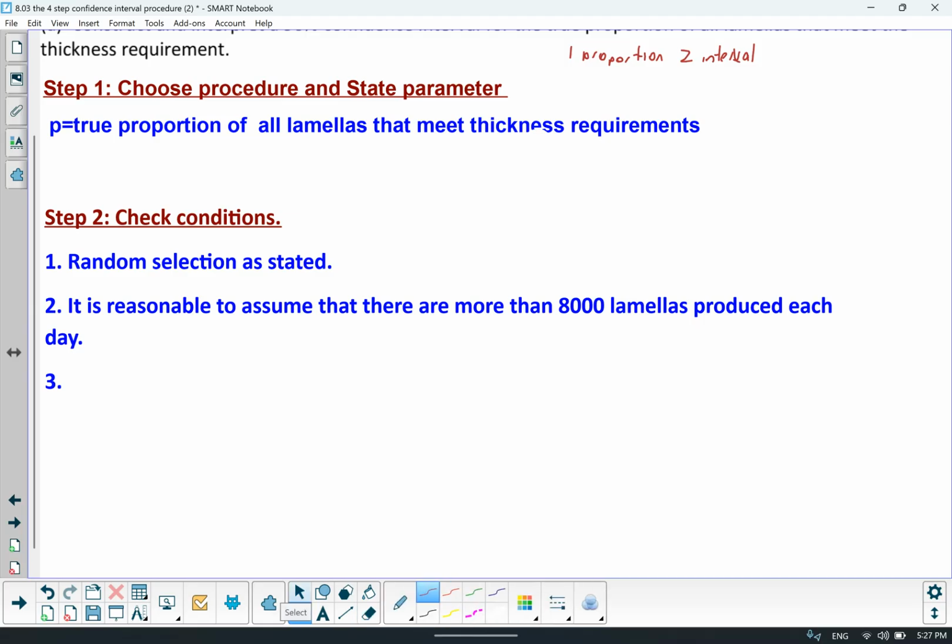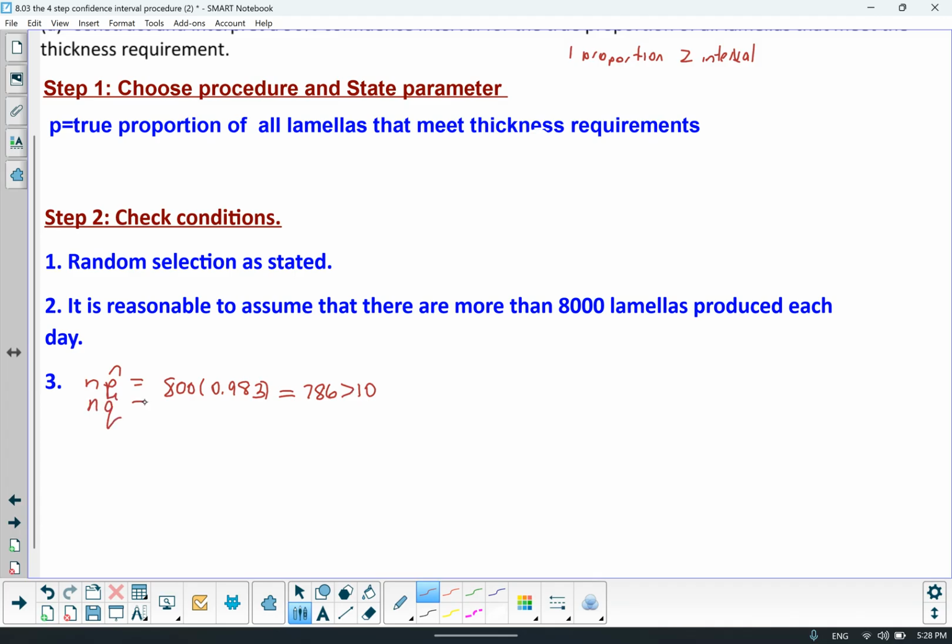The next part is the large count condition. You use the large count condition, not the CLT, when you're dealing with proportions. So that's n p-hat. In this case, it's going to be 800 times 0.983, and that's equal to 786, and that's certainly greater than 10, and you have to write greater than 10.